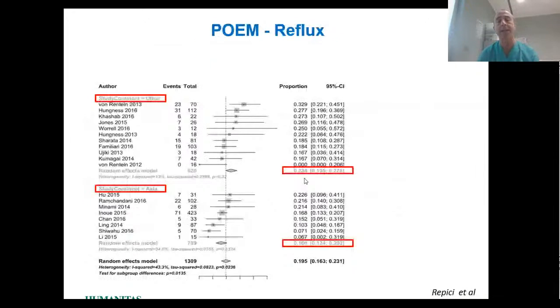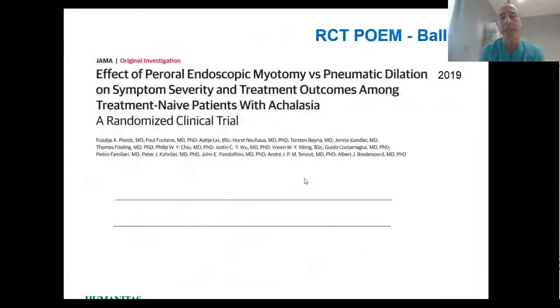And with regards to reflux, we were the first to publish a very large meta-analysis looking into reflux. And we have to admit that about 1/3 of the patients are going to develop some form of reflux after POEM, with half of them having reflux that is very easily treated with standard doses of PPI.